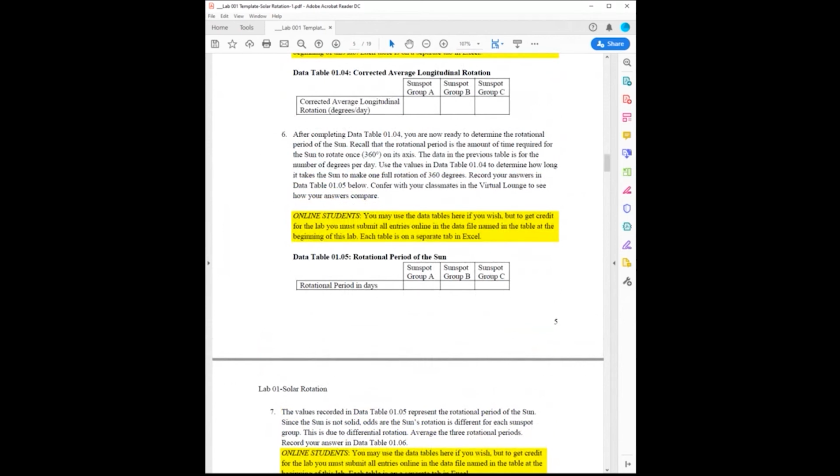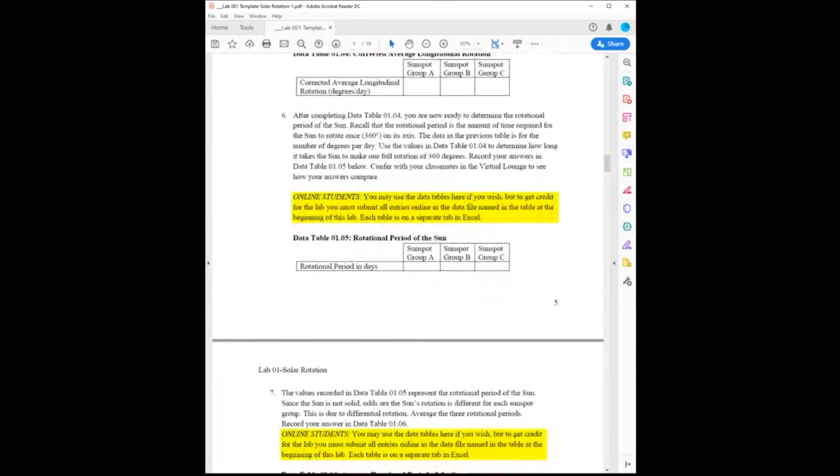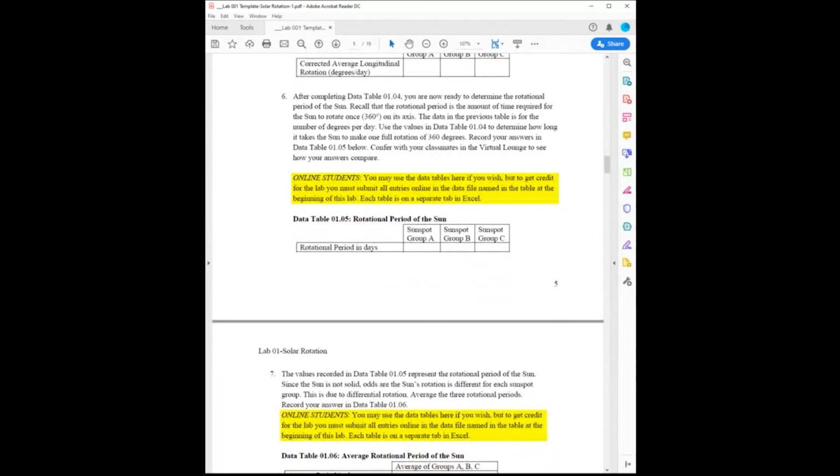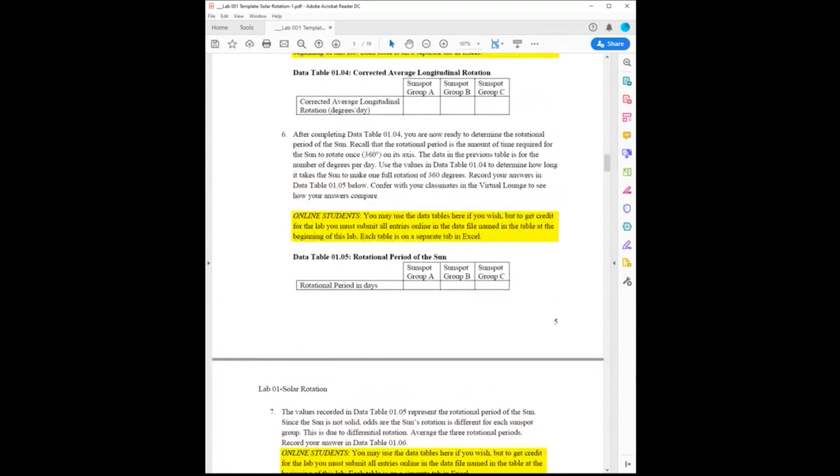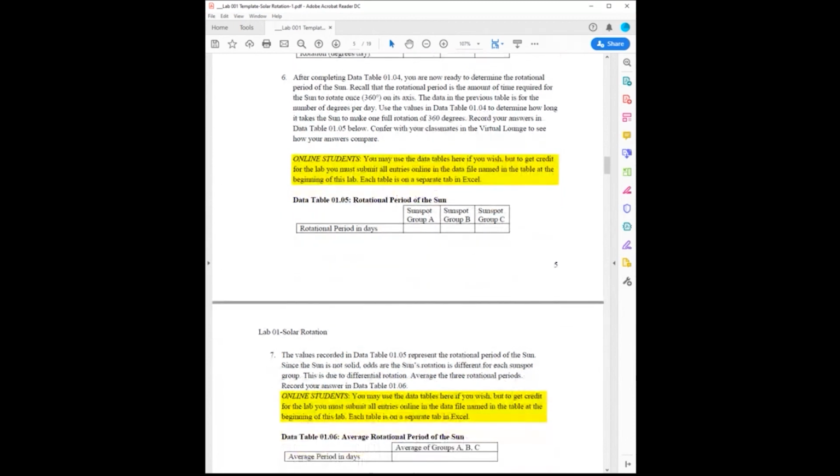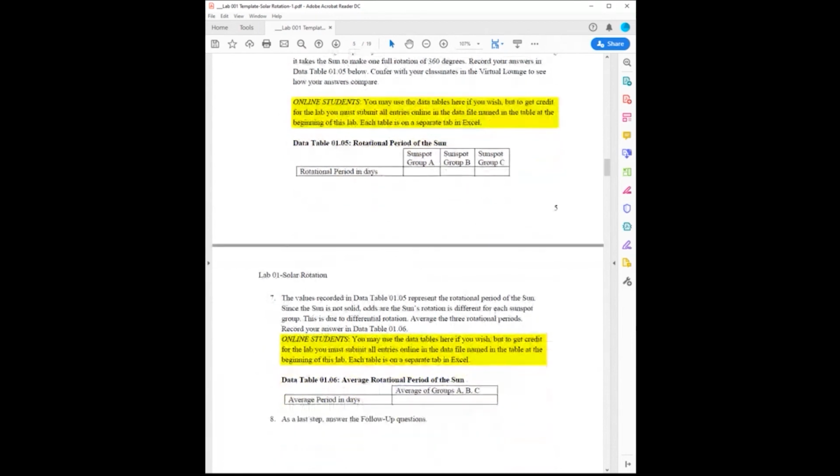So you've got the number of degrees per day in data table 1.04, and what you want to figure out is how many days it takes the sun to rotate 360 degrees. So you take 360 degrees and divide it by the entry in data table 1.04, and that's what goes in data table 1.05. That's pretty straightforward.